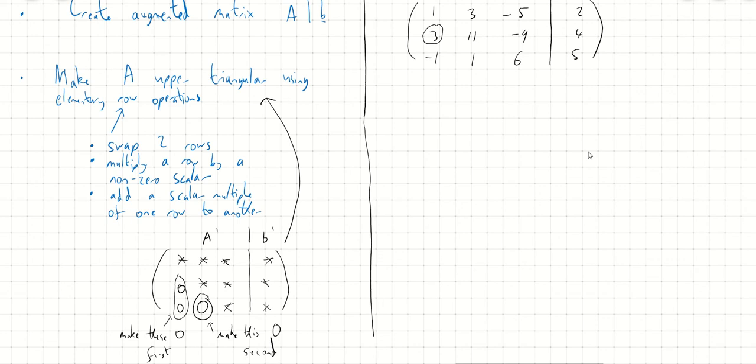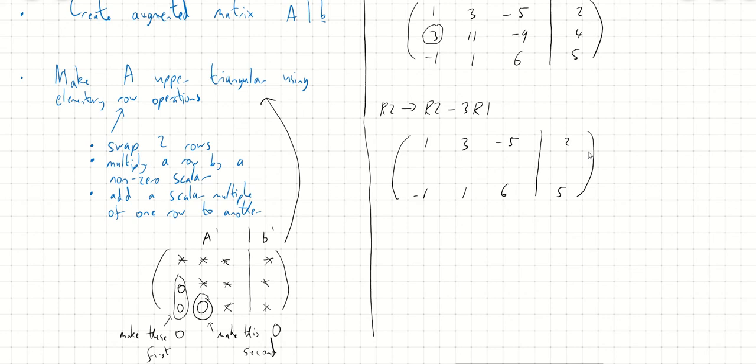So we're going to replace row 2 with row 2 minus 3 lots of row 1. Row 1 is unchanged, row 3 is unchanged, but row 2 is replaced by row 2 minus 3 lots of row 1.